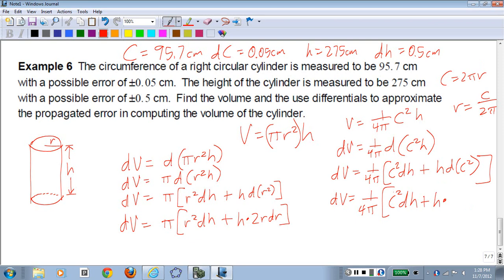So the derivative of c squared, I keep saying derivative, the differential of c squared is going to be 2c times the differential of c. So 2c dc. There we go. So all that really changed was the constant. Instead of pi, it's 1 over 4 pi.